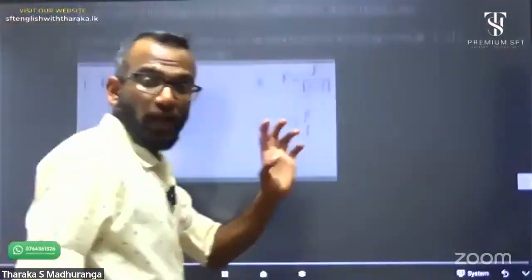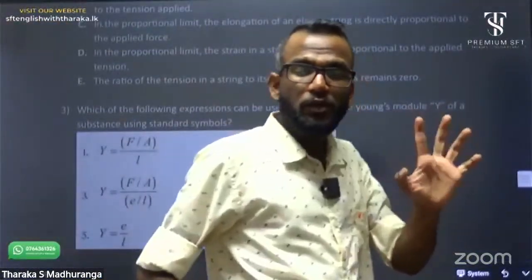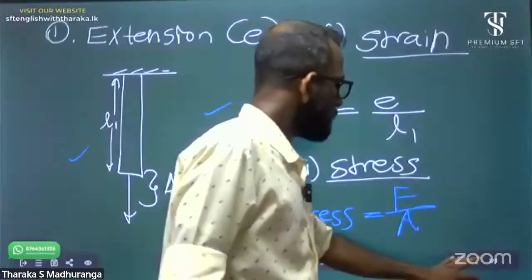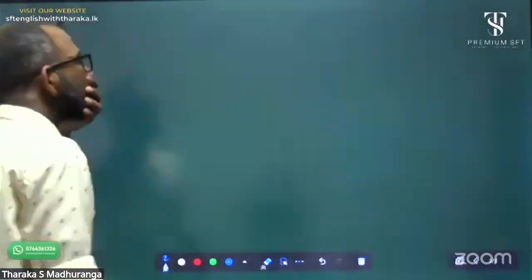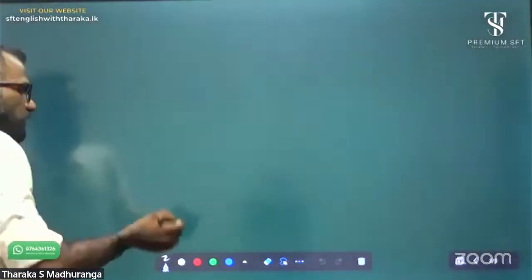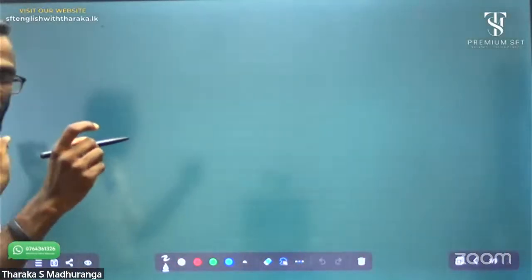Now, what is the meaning of Young's modulus? According to Hooke's law, Hooke is a scientist. He explained the relationship between extension and applied force on an elastic object, the most important part.